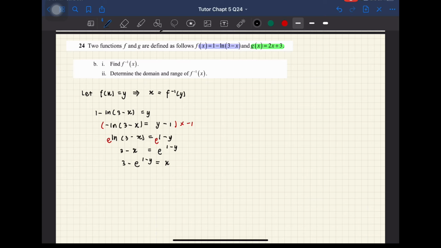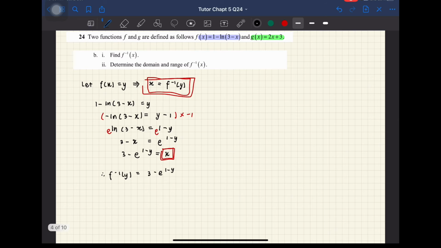Okay, siap. So we have already found x over here. Okay, so x ni sebenarnya sama dengan this one. So just substitutekan sahaja. So awak akan dapat f inverse y is equal to 3 minus e to the power of 1 minus y.